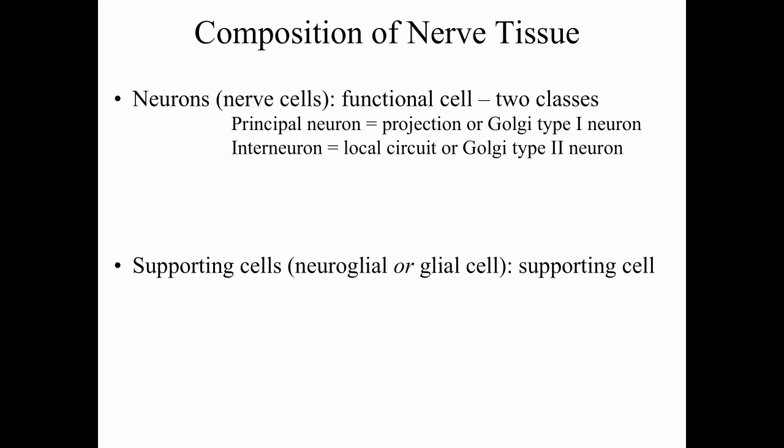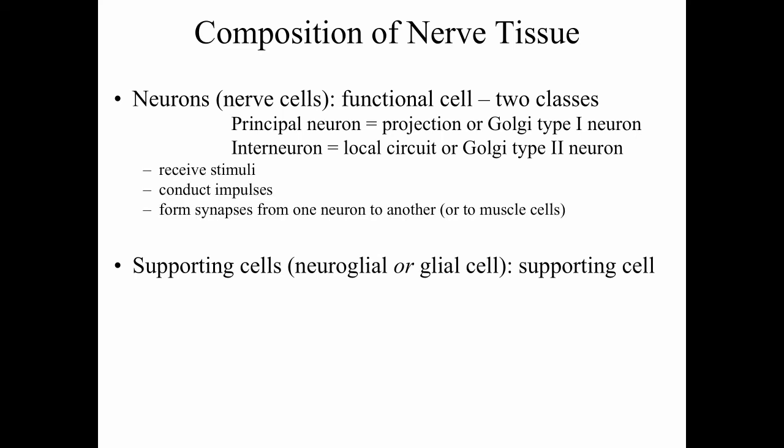We can talk about them as principal neurons, so-called projection or Golgi type 1 neurons, and interneurons or local circuit or Golgi type 2 neurons. And neurons function to receive stimuli, to conduct impulses, and they form synapses from one neuron to another neuron, or from a neuron onto an effector cell. So, for example, a neuron onto say a skeletal muscle cell.